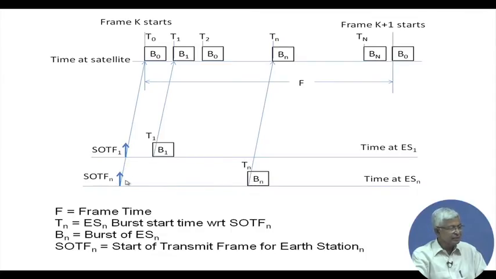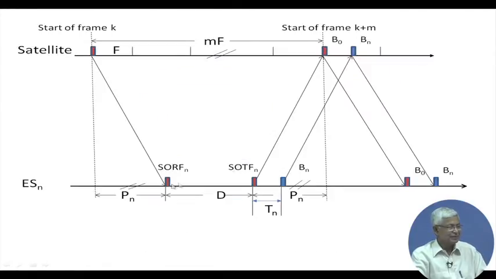So, as if he is replicating what is happening at the satellite, that is, with respect to the reference, but the point is he is imagining as if he is transmitting the reference burst. How will he know when the SOTF should be there? That is the question. So, this diagram and some related discussion we had held earlier, I will repeat.